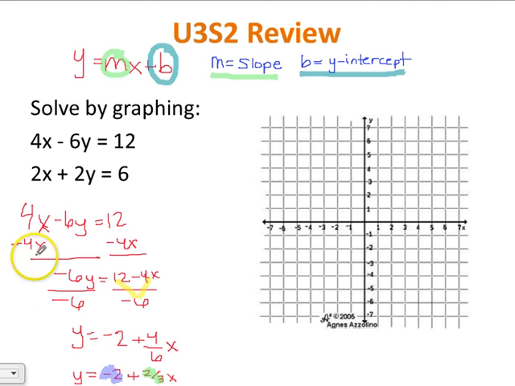So the y-intercept tells us where it crosses the y-axis. If it crosses at negative 2, I'm going to put my point there at negative 2, and then the slope is 2/3. So rise, go up 1, 2, and then run, go to the right 1, 2, 3, because it was a positive 2 and a positive 3. We'll do that again, up 2 and over 3.